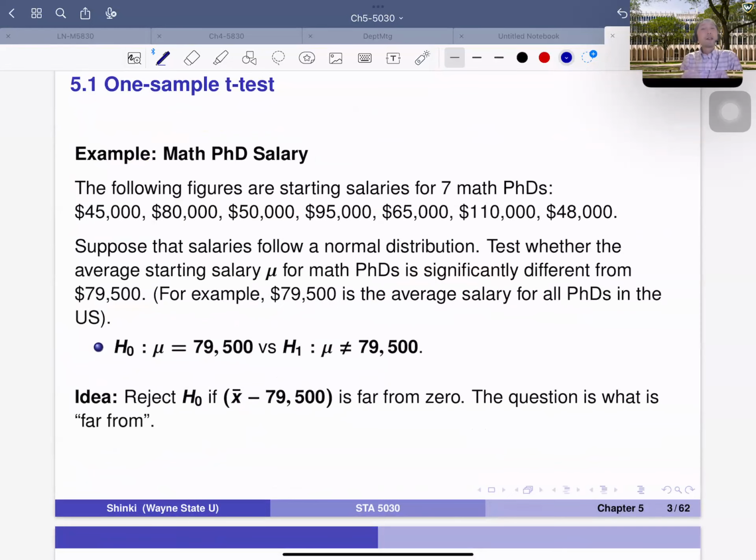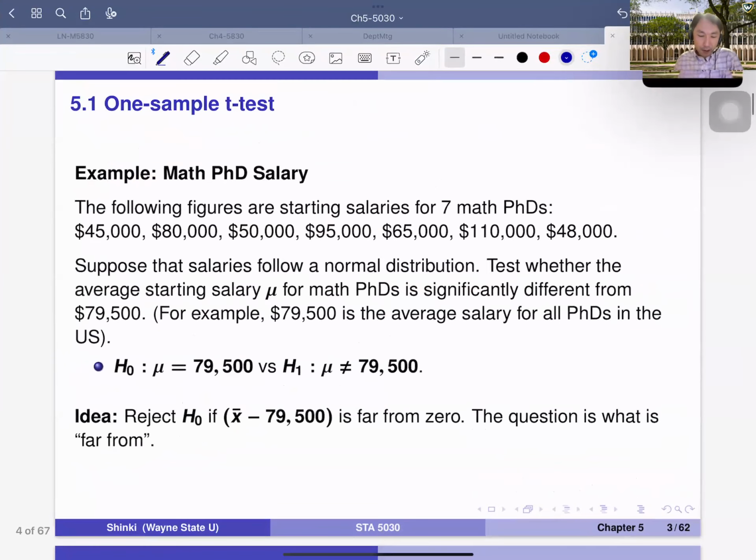And here is an example. Here we establish a test for a continuous variable first. The example is math PhD salary. These figures are starting salaries for 7 math PhDs: 45,000, 80,000, 50,000, 95,000, 65,000, 110,000, and 48,000. So these are typical math PhD salaries.